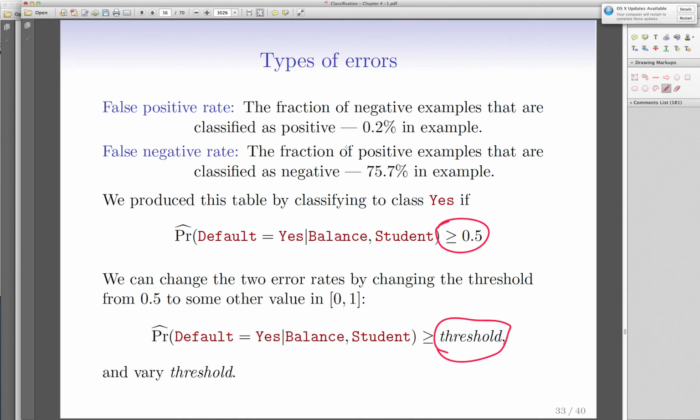So at the beginning, in the previous case, we only had 0.2% no default people who will misclassify as default, and 75.7% as defaulters who were here. But by changing this threshold, we can change this probability.